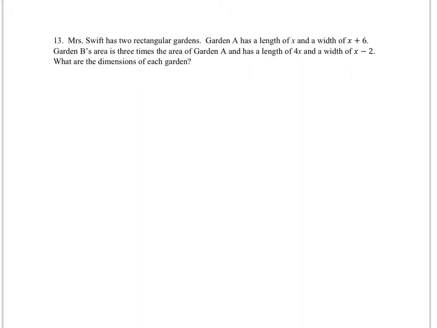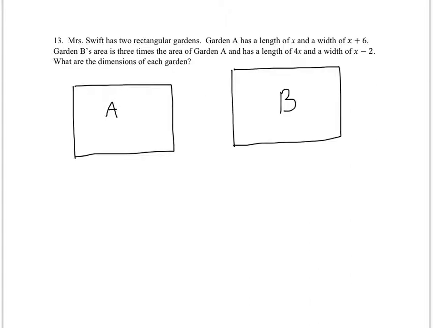First of all, a dimension is length and width. So we are looking for the length and the width, not just x. You actually need to use x to be able to get the dimensions. Garden A has a length of x and a width of x plus 6.